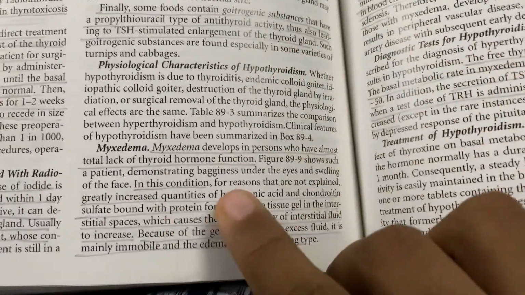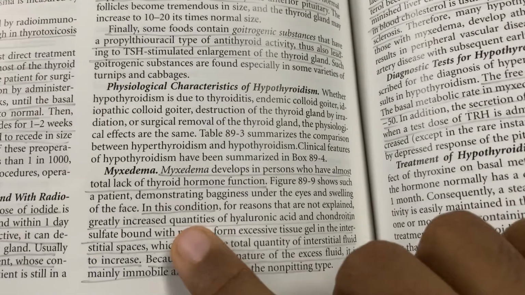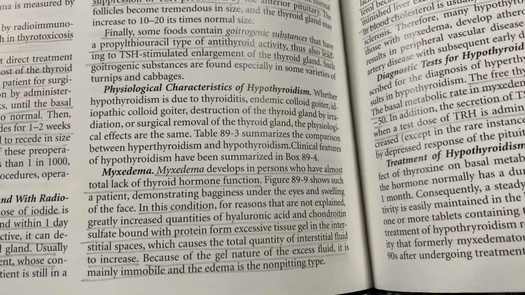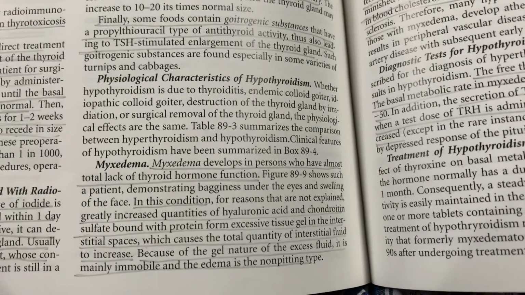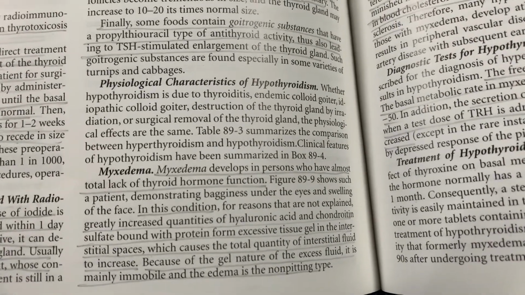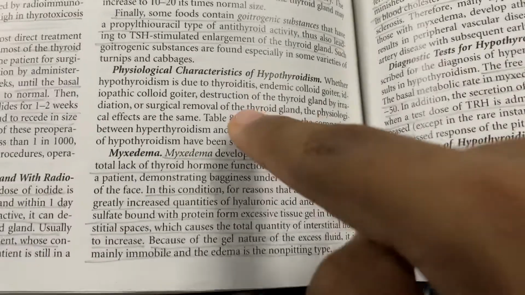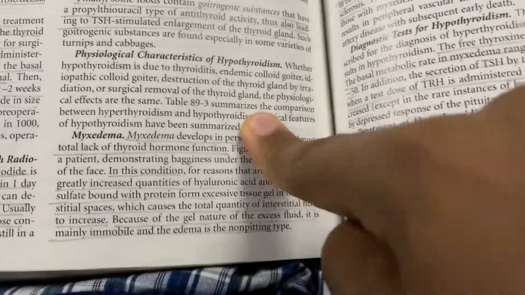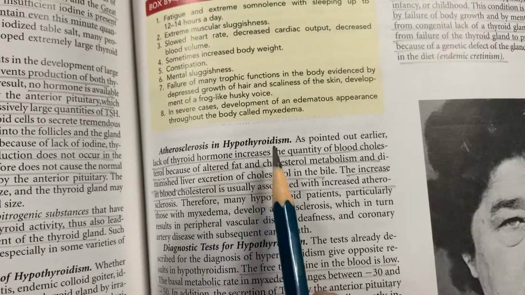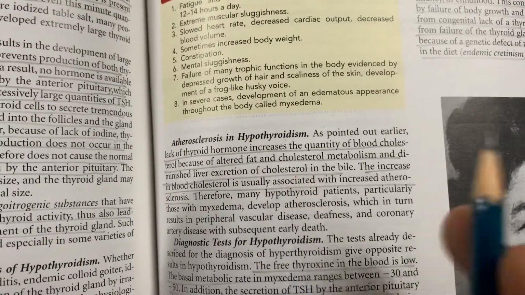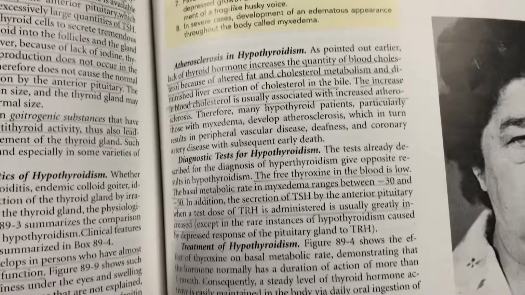What happens in myxedema is there are greatly increased quantities of hyaluronic acid and chondroitin sulfate bound with protein, and they form an excessive tissue gel in the interstitial spaces. Because of the gel nature, this edema is of the non-pitting type.